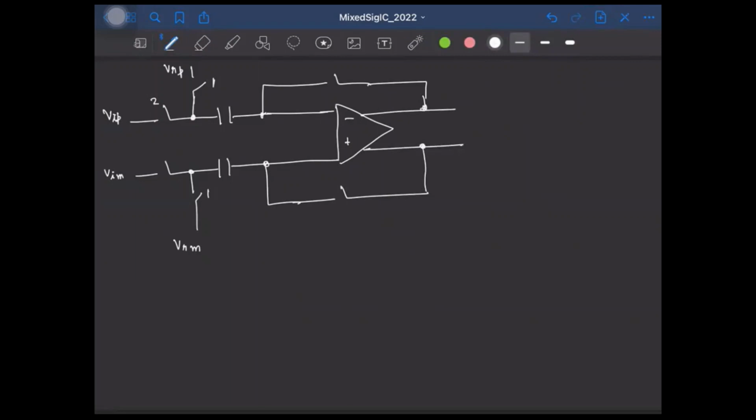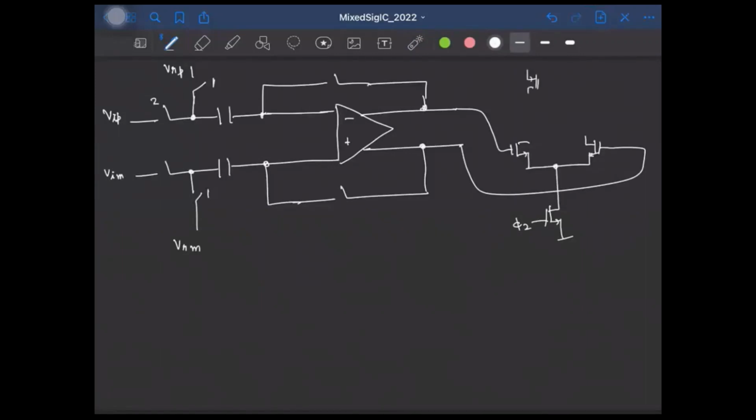Okay, and these two outputs will go to the latch. So let's say these go to our strong arm latch. So it goes and connects like this. So this is our strong arm latch active during the phase phi 2.